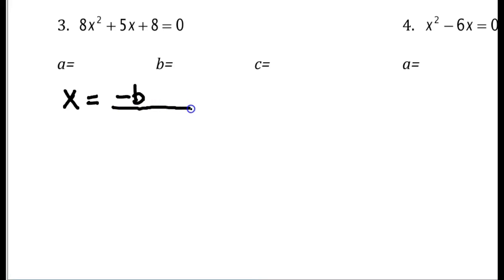So you could do the negative b over 2a, and then it's the discriminant on top, b squared minus 4ac. And then you add in the square root sign, and then make sure we get two answers, so put the plus or minus sign.